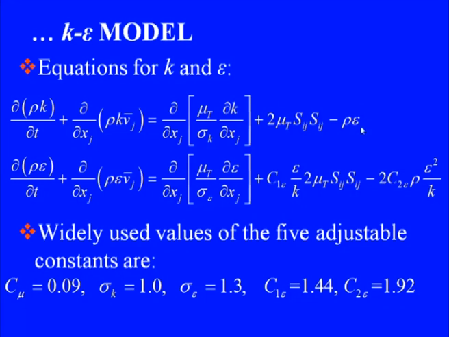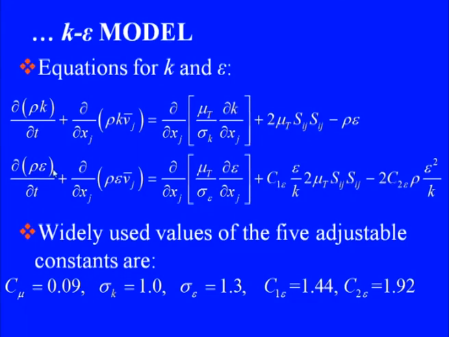So here epsilon is our dissipation term. This Sij is the velocity rate tensor, or strain rate tensor, which can be obtained from the average velocities, that is Vj bar, and mu t is our dynamic eddy viscosity, and sigma K is a constant.